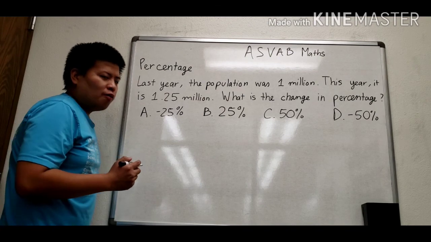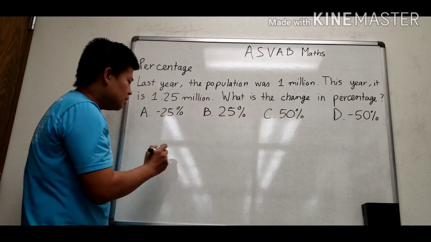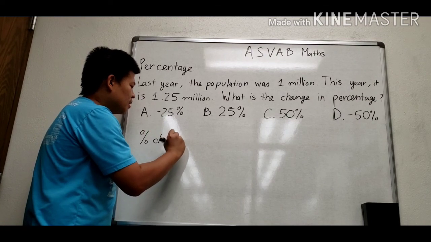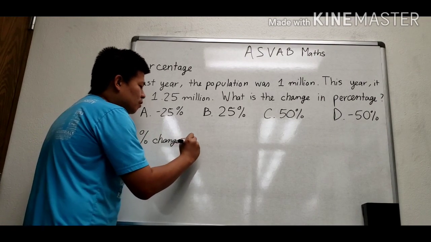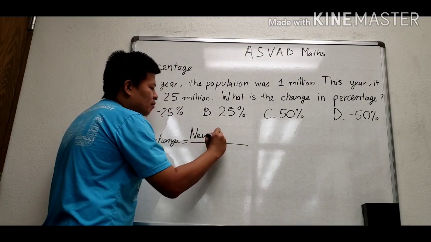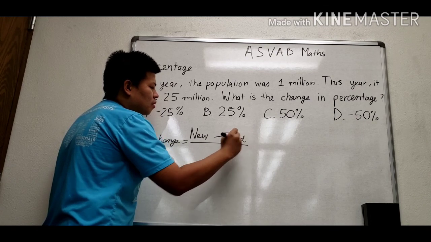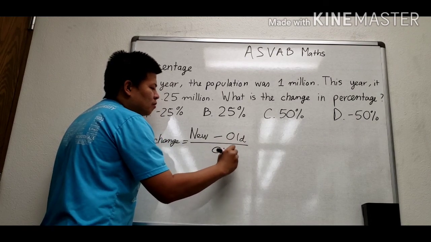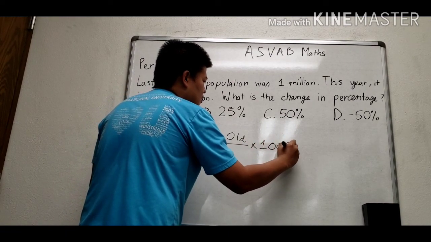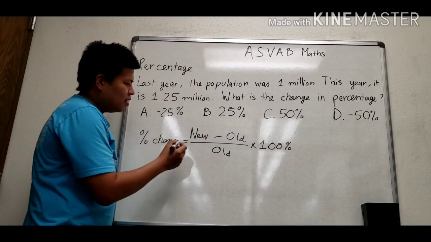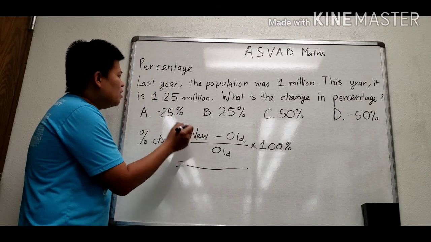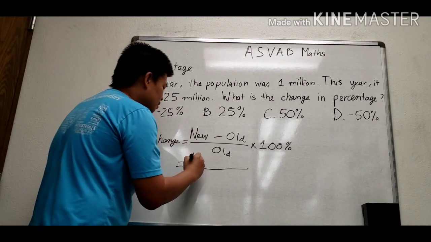So the formula for the percentage change is equal to the new minus the old, divided by the old, multiplied by 100%. In here we know that the new number is 1.25.